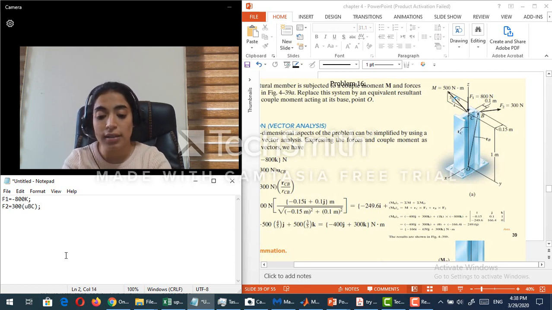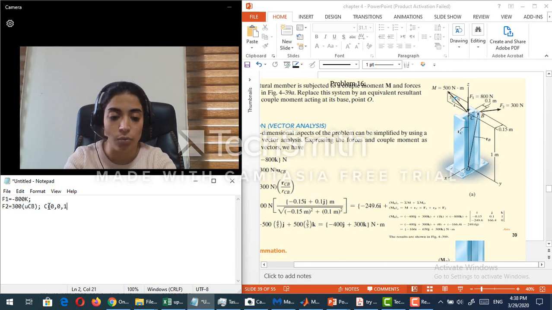And don't forget, guys, that in order to find this unit vector, I should find the coordinates of C and B. As I said, it is from C to B, where C lies on the Z axis, so it has 0, 0, while Z is 1.